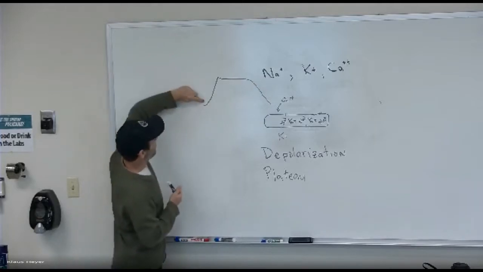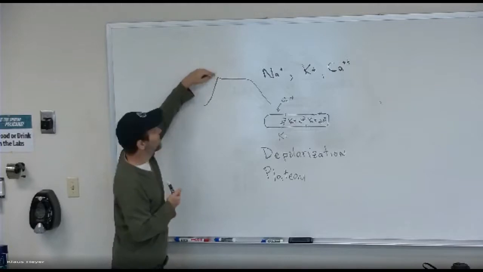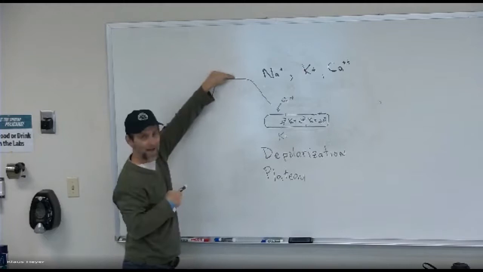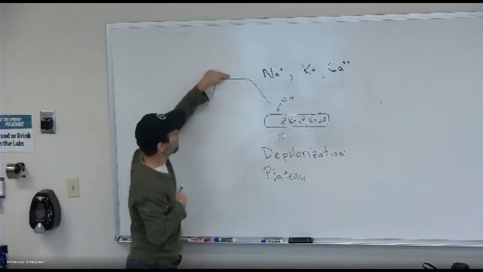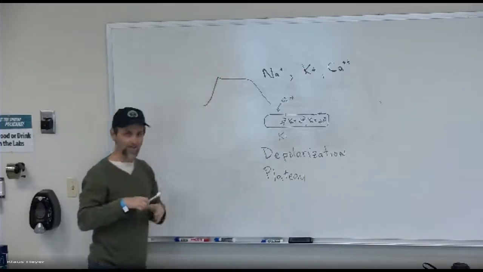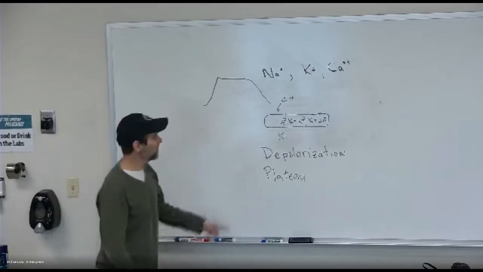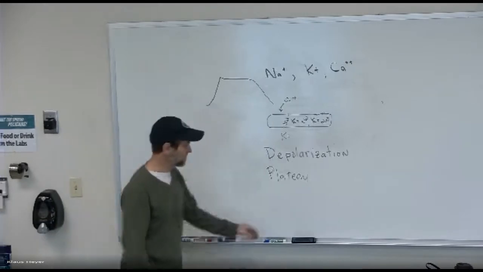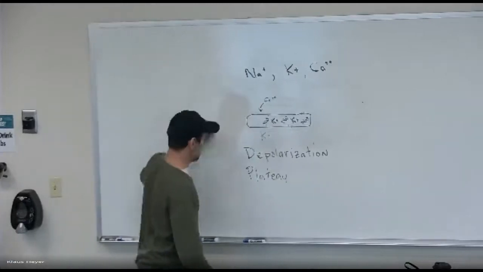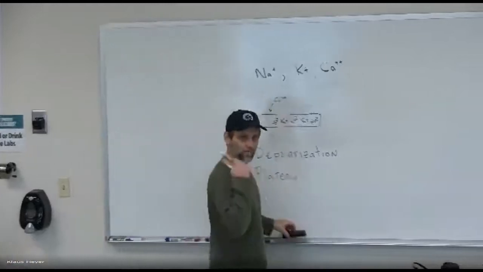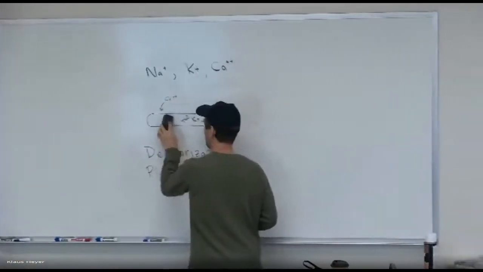So this was the sodium rushing in. Some potassium's leaving, but the calcium is trickling in to match it. So we're holding that contraction for a brief second. We call that a plateau phase. But eventually the potassium is going to rush out faster than the calcium trickles in.